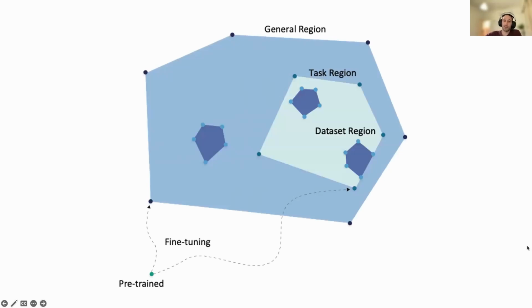So the idea is something like that. We have the pretrained model, and it's just a point somewhere in this space, a point that we know somehow incorporates some knowledge. And when we fine-tune this pretrained model, we reach various points. They are in various places, and in this scheme, those are the little circles around. Fine-tuning reaches some point.